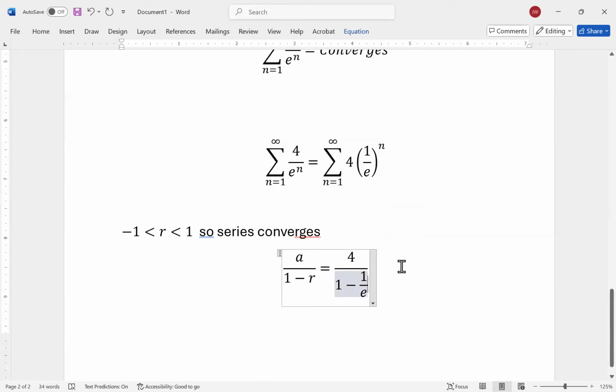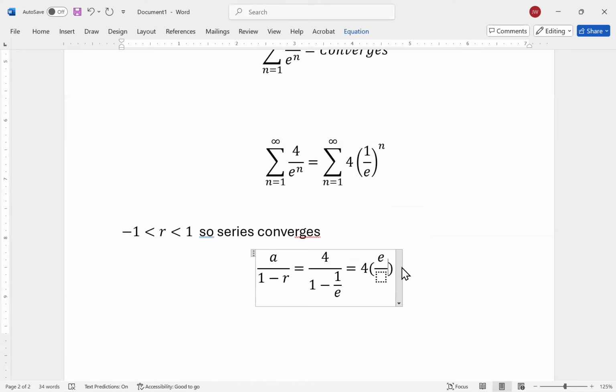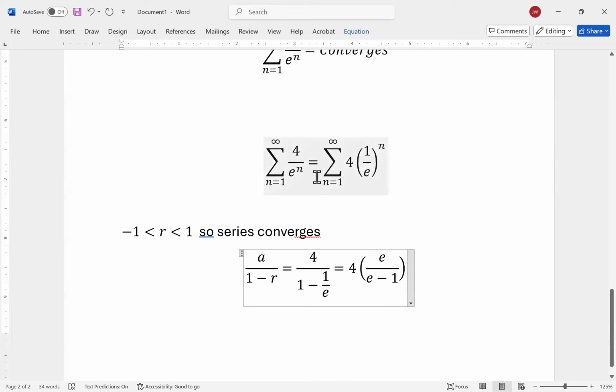By the way, this thing would be 4 times a fraction whose numerator is e and whose denominator is e minus 1. And then when you plug in the 0 term, you would just get 4.